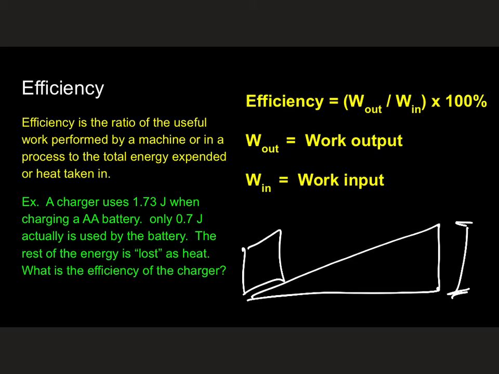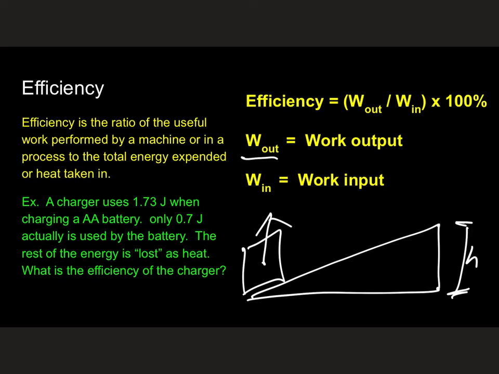So if I had to pick the box straight up and move it whatever this height is, that would be a force across a distance, which is indeed work. That would be the work I'm hoping to get out of this machine. I want it to do what I could do myself, but it would be really hard.